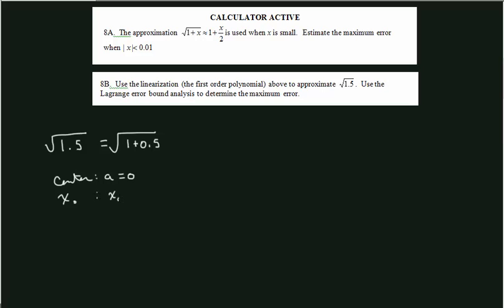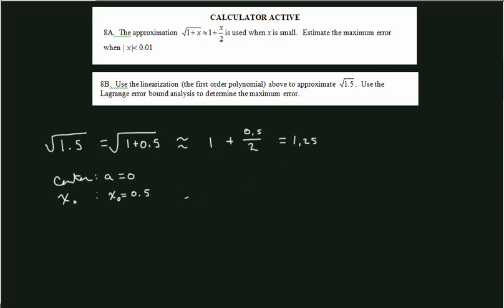We have an x naught. X naught is 0.5. That's our value of x, whereas the other one gave us a range for x. Okay, so we're going to say that the square root of 1.5 is approximately 1 plus 0.5 over 2. We just plug that into the linear approximation. And that's equal to 1.25.